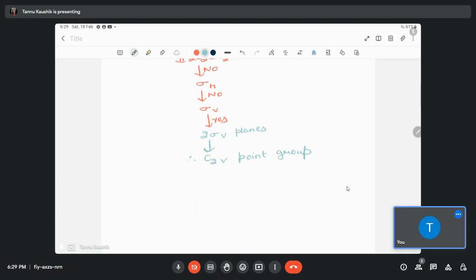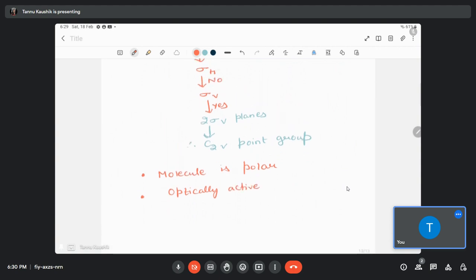So the molecule is polar and optically active.